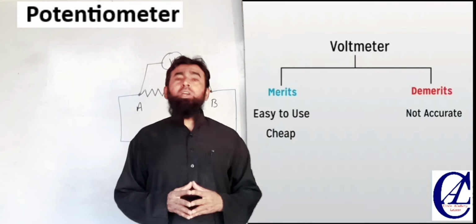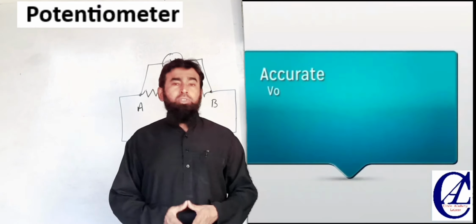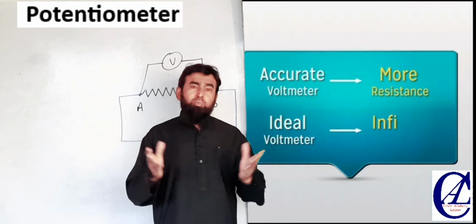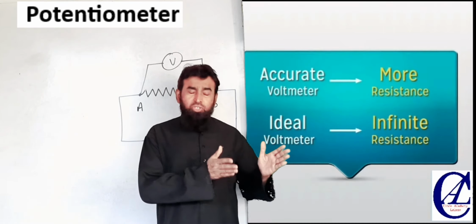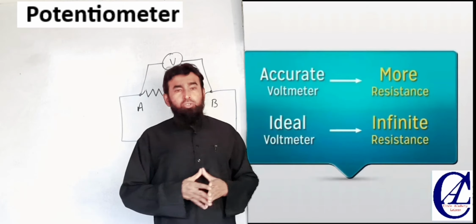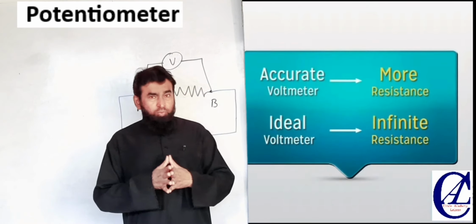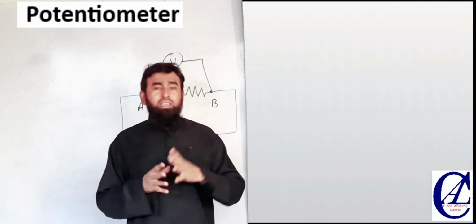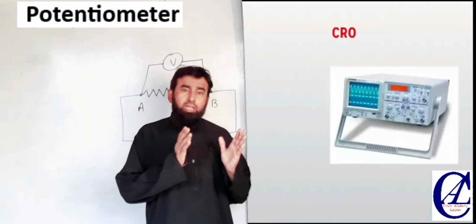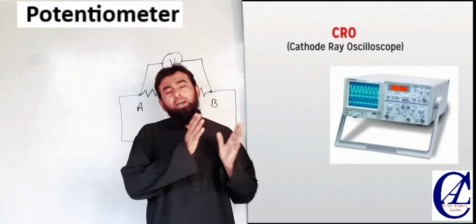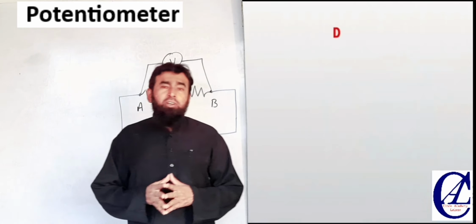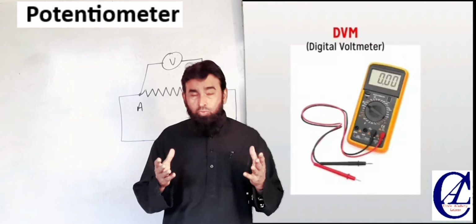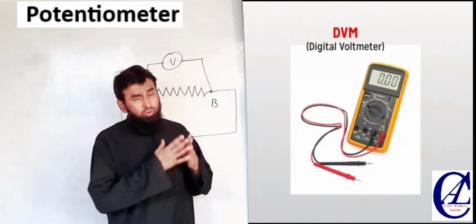Do we have any instrument through which we can find the potential difference very accurately, through which no current passes when we attach it in the circuit? Yes, there are some; I am giving you two examples. One is the CRO, cathode ray oscilloscope, and the other is the DVM, digital voltmeter. These two instruments can be used, but they are very costly.